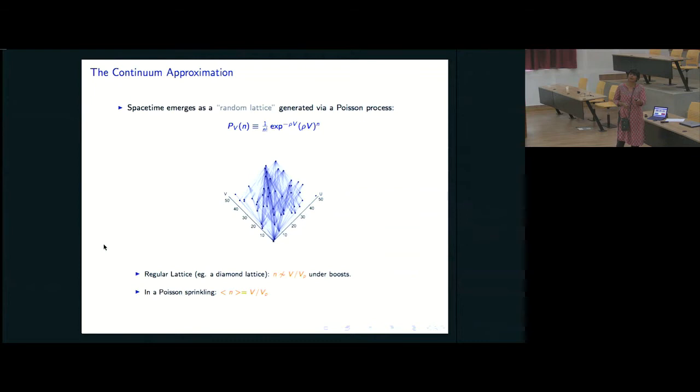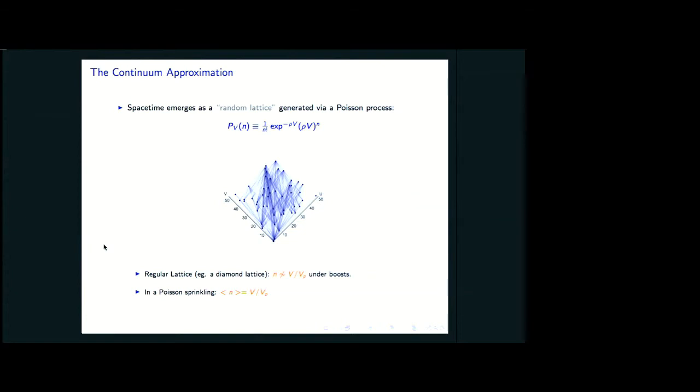So the continuum approximation is that space-time should emerge as a random lattice. And the reason for a random lattice is that if I considered, for example, a regular light cone lattice like this, and I put an element at every point here, then in this frame, the number of elements per space-time volume is fixed.